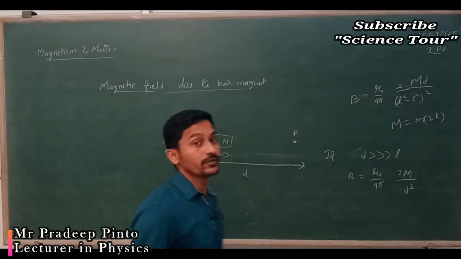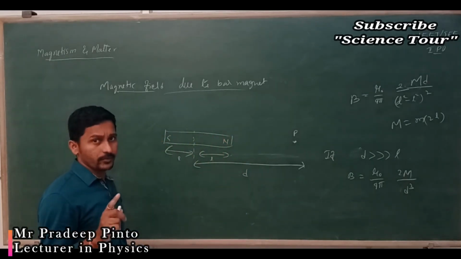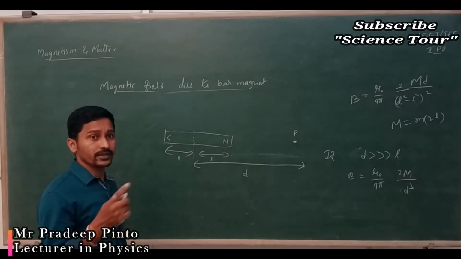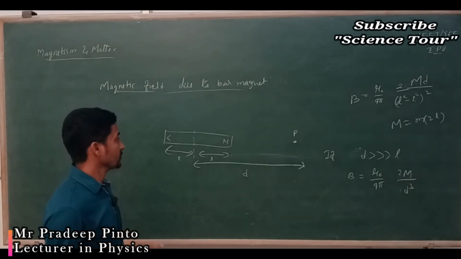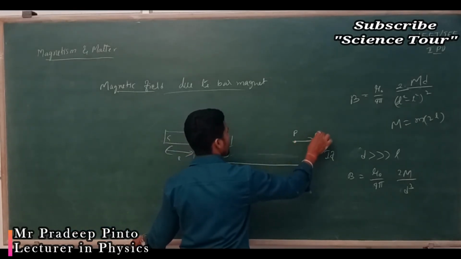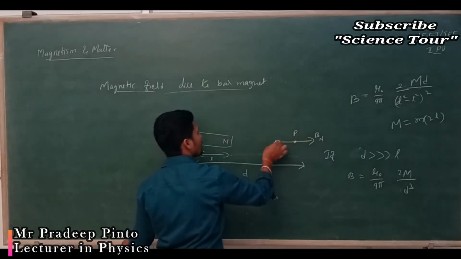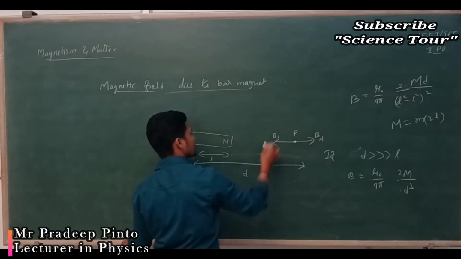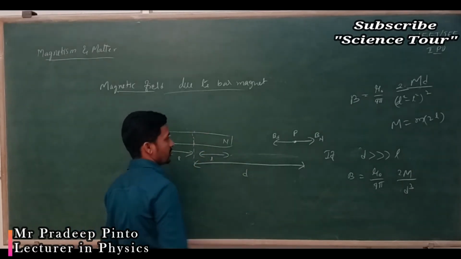Now the magnetic field. We have written the electric dipole field on the axis and the equatorial plane, right? So here also the magnetic field is there. At this point, because of the north, the magnetic field is in that way, and because of the south, it is in this way. d is the distance from the midpoint of the magnet.